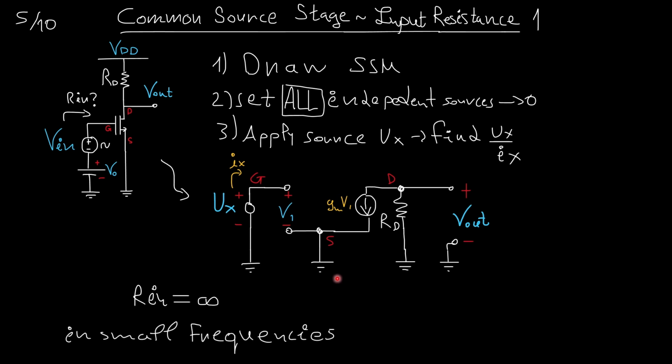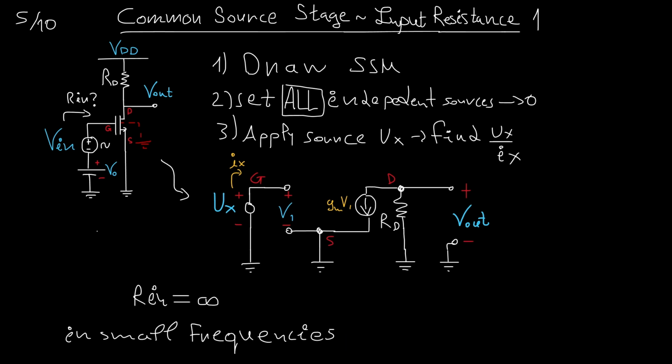In reality, this is true only for small frequencies because there is an actual capacitance here between the gate and the ground, all right? But we don't really pay attention to it in small frequencies at least, right?